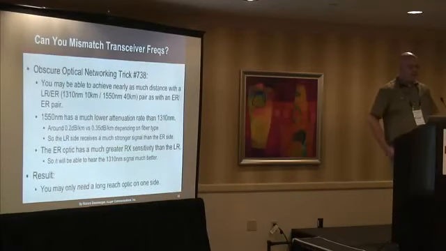Here's an obscure optical networking trick. You don't actually need a pair of long-reach optics to get over the same distance. Say you want to go some good distance and you've got an LR and an ER. You've got a 1310 that does 10 kilometers and you've got a 1550 that does 40 kilometers.